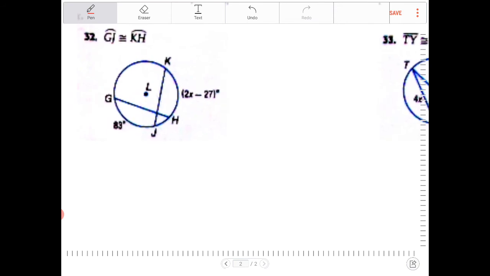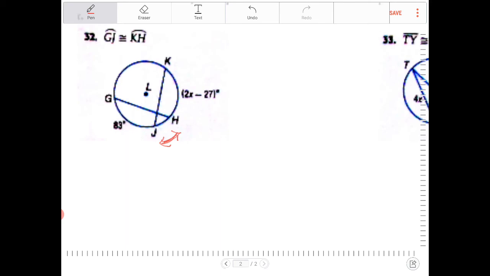Congruent chords intercept congruent arcs. So GJ and KH are congruent. Notice that JH is not included, but we have segment addition postulate and angle addition postulate, so we can apply the same concept with arcs. The middle arc there is equal to itself.